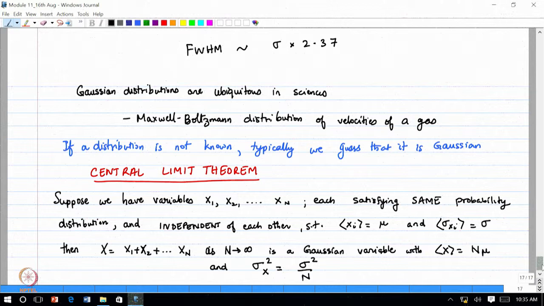Now, this seems a very obscure statement, but when you make any physical measurement, it is like making a number of small measurements, and the sum is Gaussian distributed with this distribution. You can also take the average.